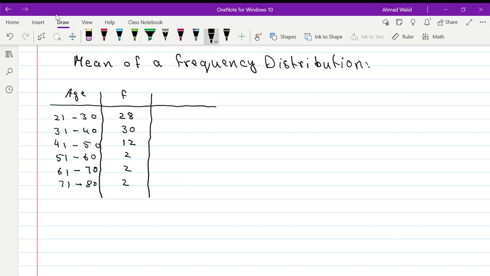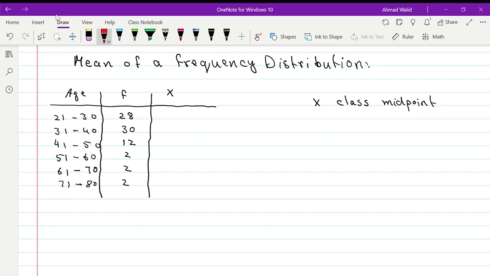Here, I'll use X again in this column, but remember this time this X is the class midpoint. It means first find your class midpoints. You know how to find a class midpoint.